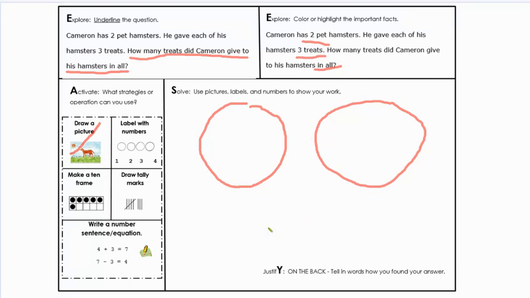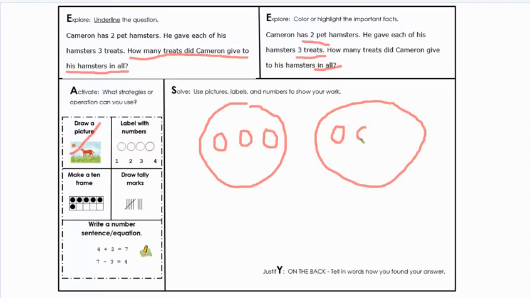Okay, so how many treats does each hamster get? If you said 3, that's correct. 3 treats. So for this hamster, he gets 1, 2, 3 treats. Okay, what about the second hamster? How many treats does he get? That's right, 3 as well.